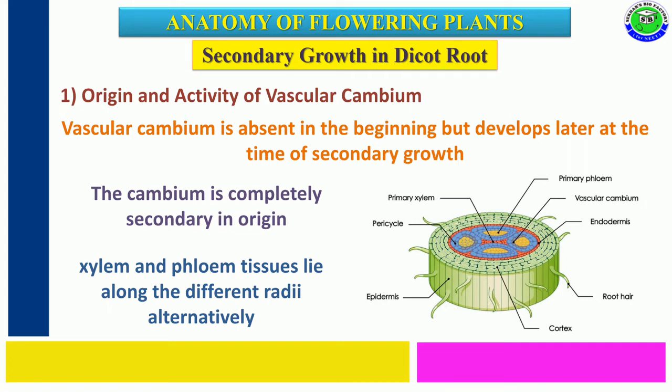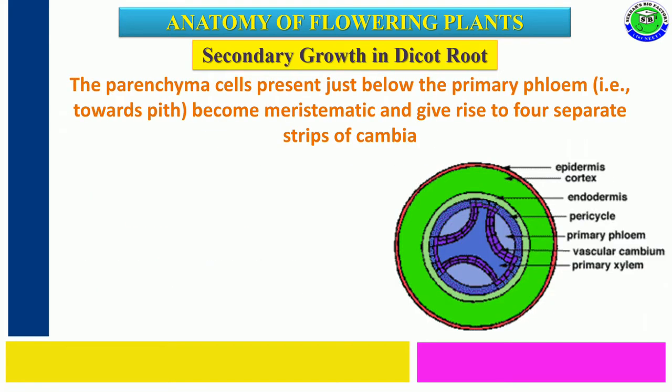The xylem and phloem tissues are present in the stele on different radii, alternately, called radial vascular bundles. The parenchymatous cells just below the primary phloem become meristematic tissue and give rise to separate strips of cambium.